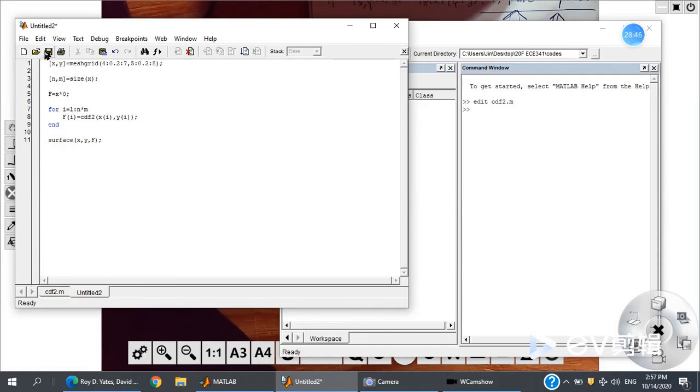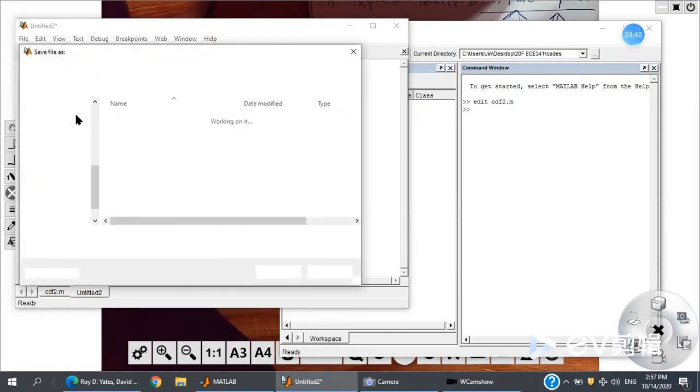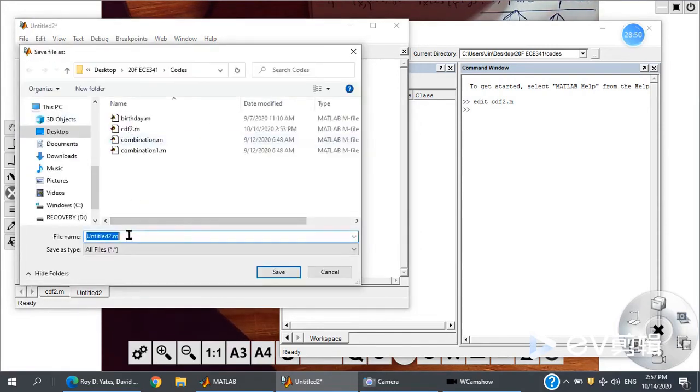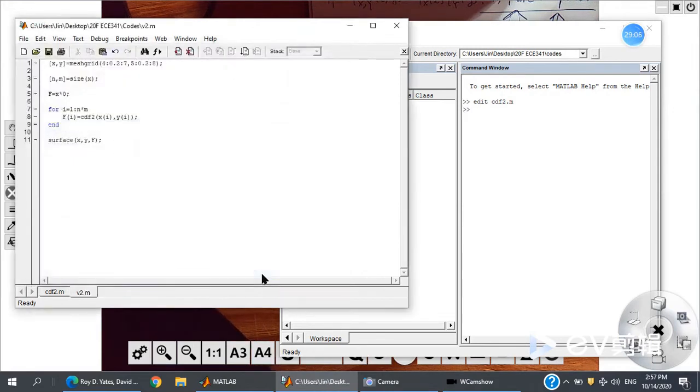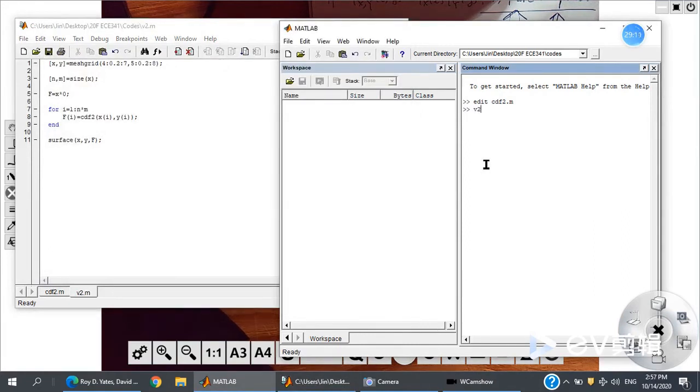Let me save it, simply as V2, for two variables. I save. Now let's run V2. In the command window, I put V2.